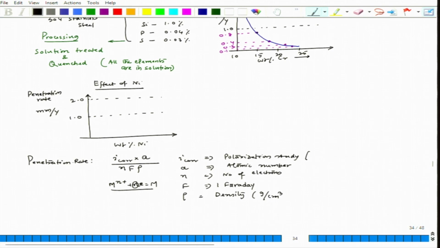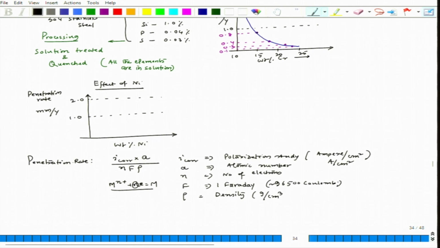So this is from polarization study, I corr is ampere per centimeter square, okay, it is called amp per centimeter square. Okay. So, F is roughly 96500 coulomb, fine.